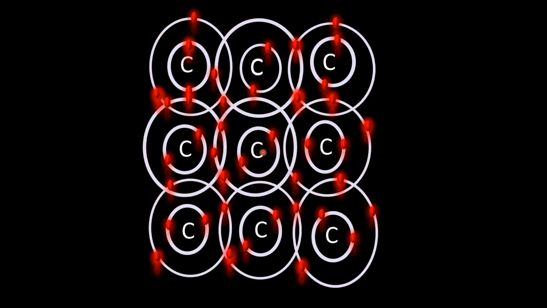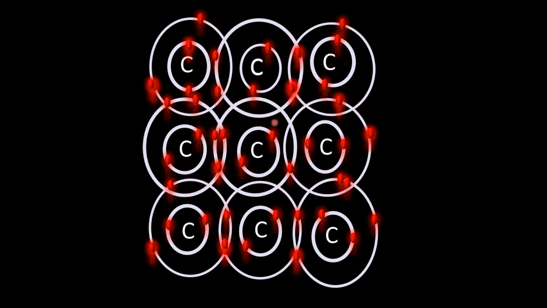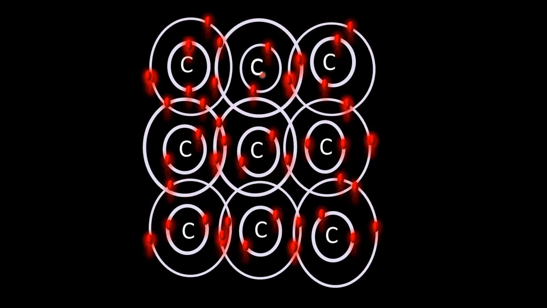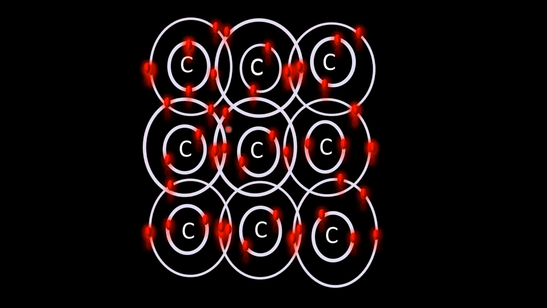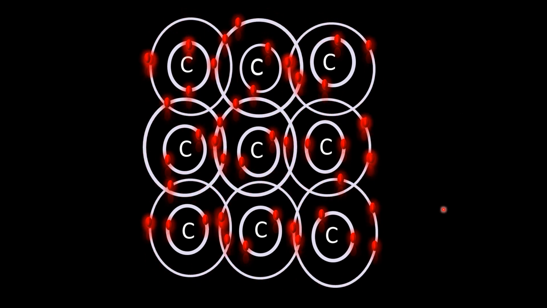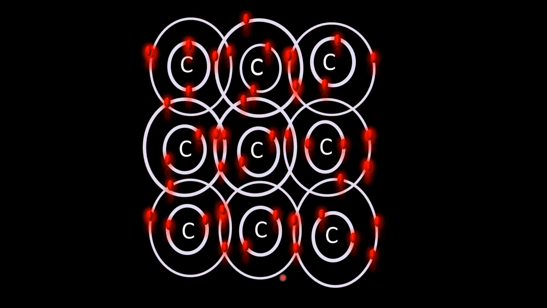Every carbon atom is covalently bonded to this carbon atom, and it also shares its electron with this one and with this one. So every carbon atom within the diamond structure makes covalent bonds with four other carbon atoms. It means that there is extensive covalent bonding within the diamond.